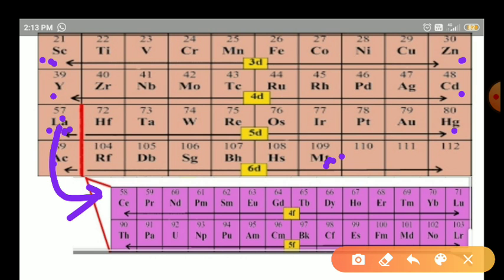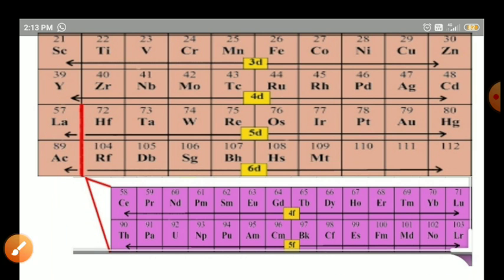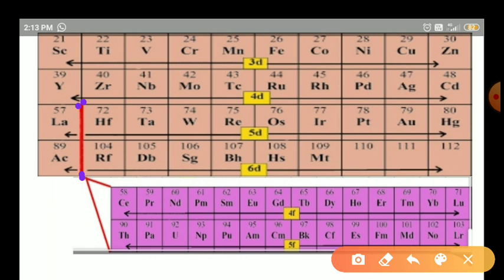These elements are considered a separate group, and this separate group we call the F block elements.